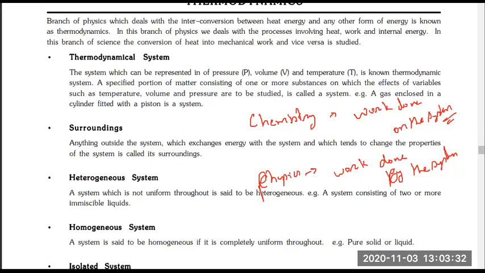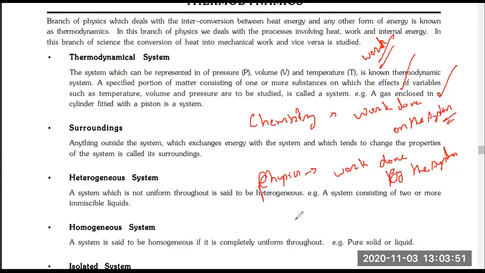Otherwise there is no change. Don't remember positive and negative, because you will get confused. In some cases in chemistry also it will be given as work done by the system, and then the formula will be the same as the physics one.